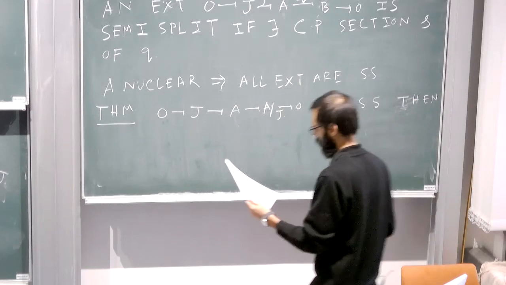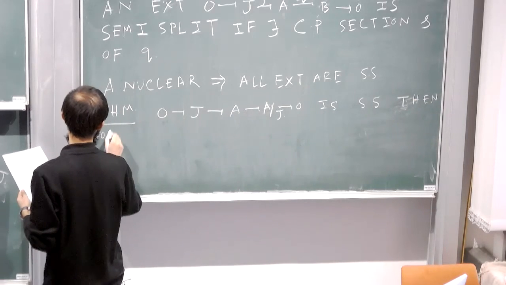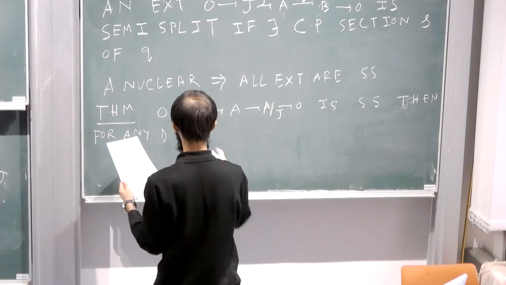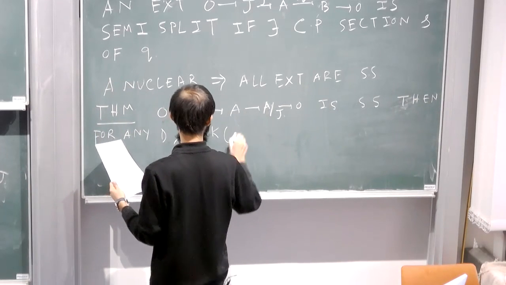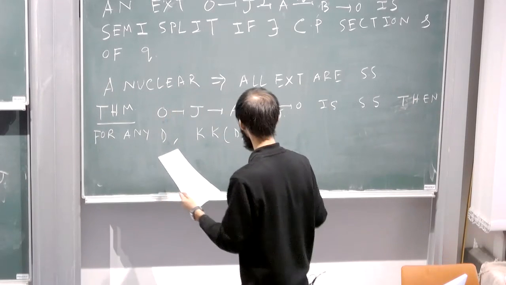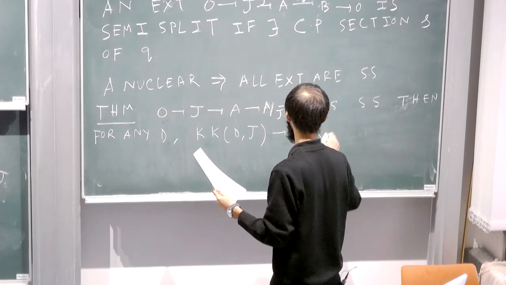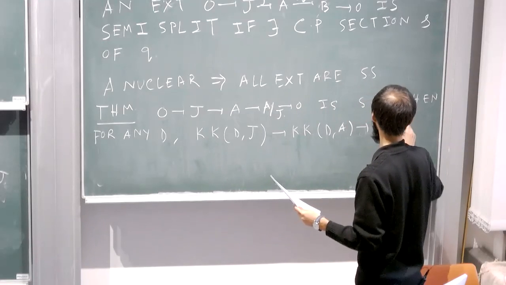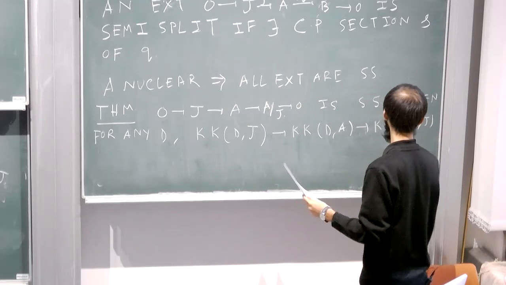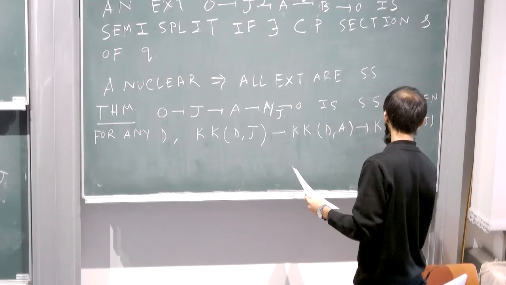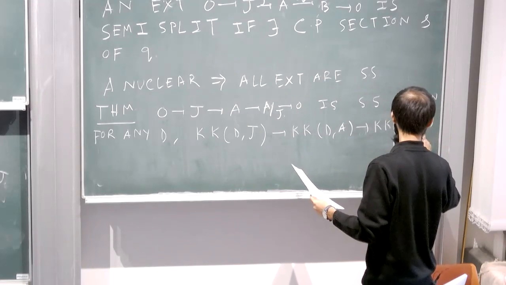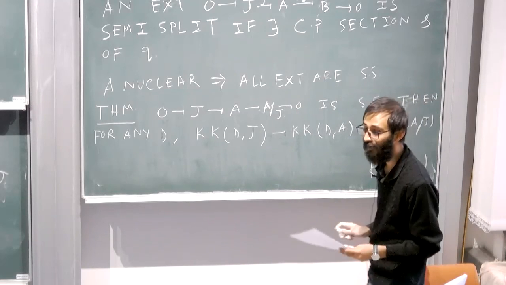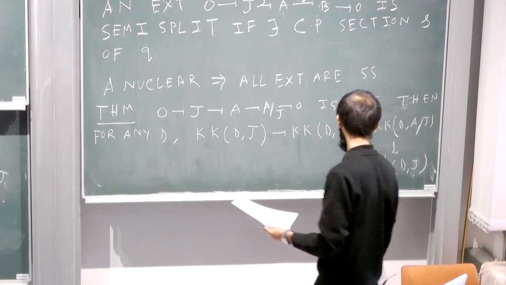Then for any D, KK D comma J, KK1 D comma A mod J. Yeah, sixth term, because we now have Bott periodicity.